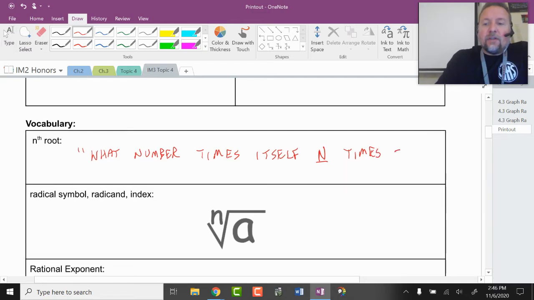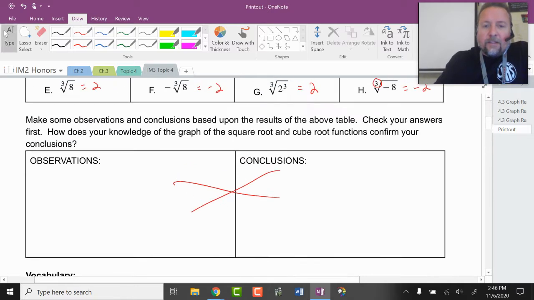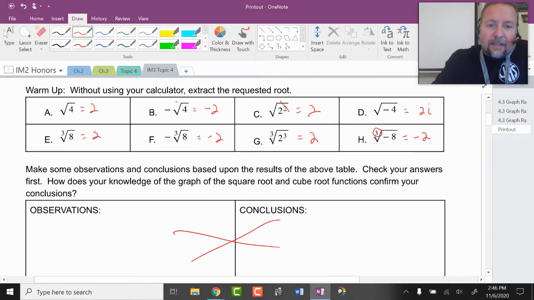That's what this question down here is. That's what a square root is, or a radical question. So why is there nothing with a square root? That's the default. The default is that the index is a 2 there.